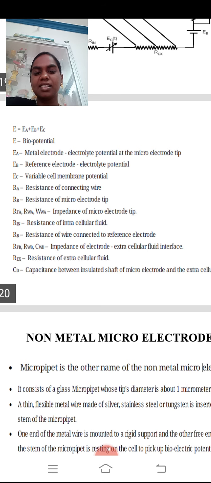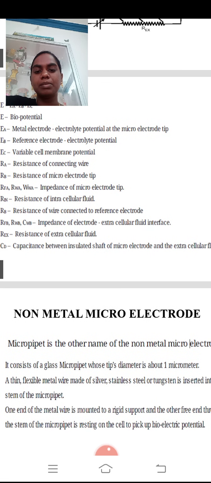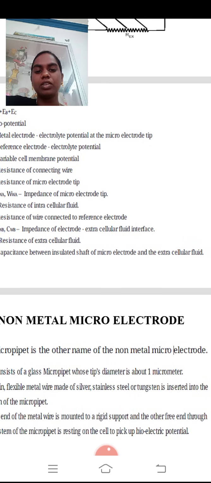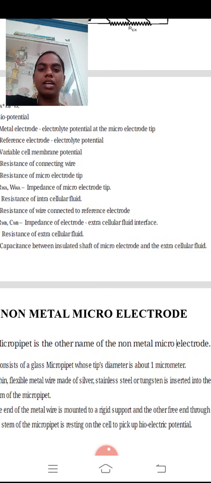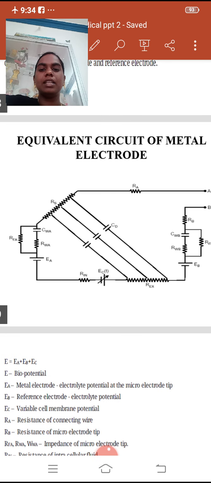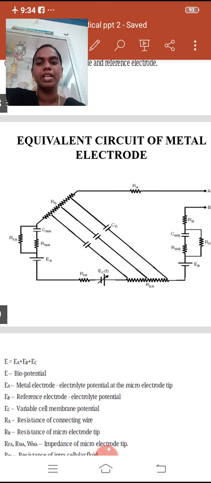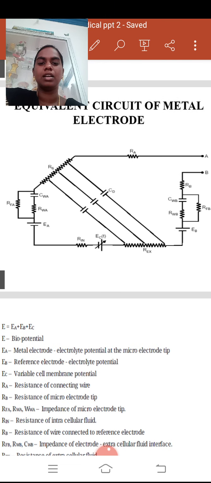REX is the resistance of extracellular fluid. CD is the capacitance between the insulated shaft of the microelectrode and the extracellular fluid. So this is the equivalent circuit, and the final potential is obtained: E is equal to the three parts EA, EB, EC. I expanded all those letters.